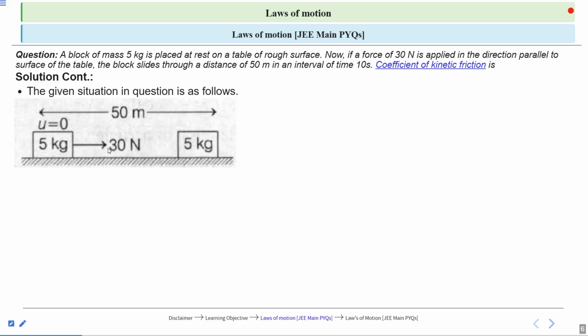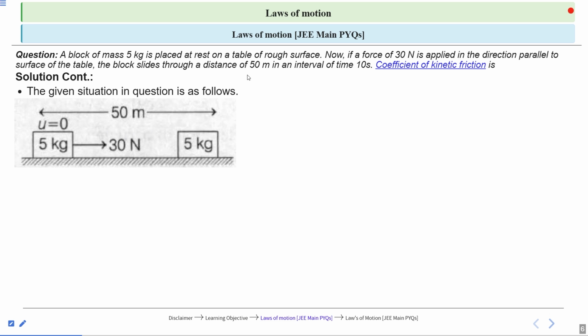So when we apply the force, there is a movement of the block. So we can say the block slides a distance of 50 meter.